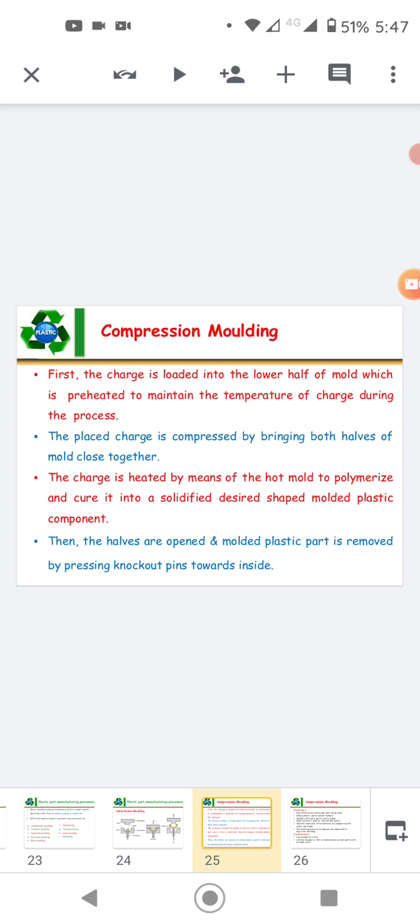The time taken for the molding cycle, with all the steps beginning with charging the mold cavity and ending with ejection of the part, is referred to as cycle time.